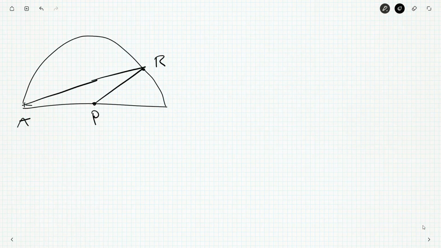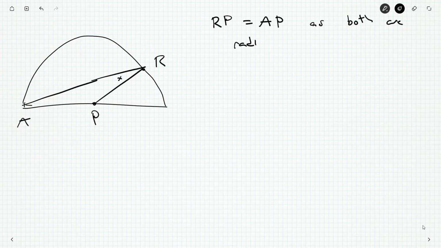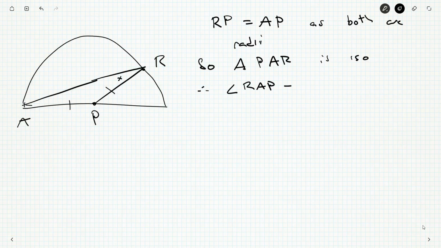I don't quite know what this angle up here is, but I do know RP is equal to AP as both are radii. So that would make PAR an isosceles triangle, so angle RAP is X.